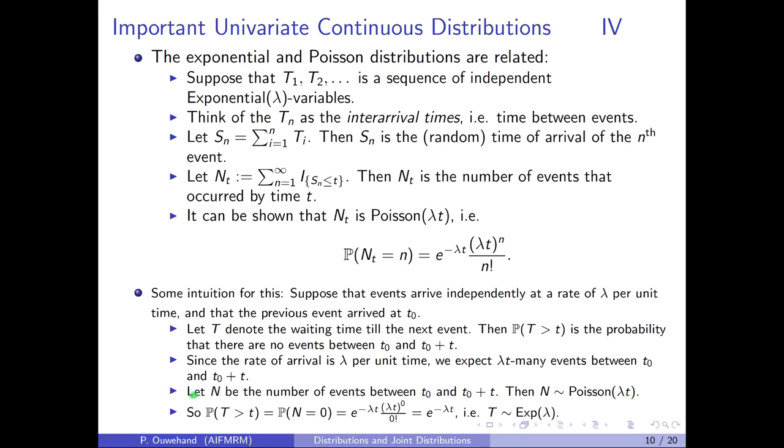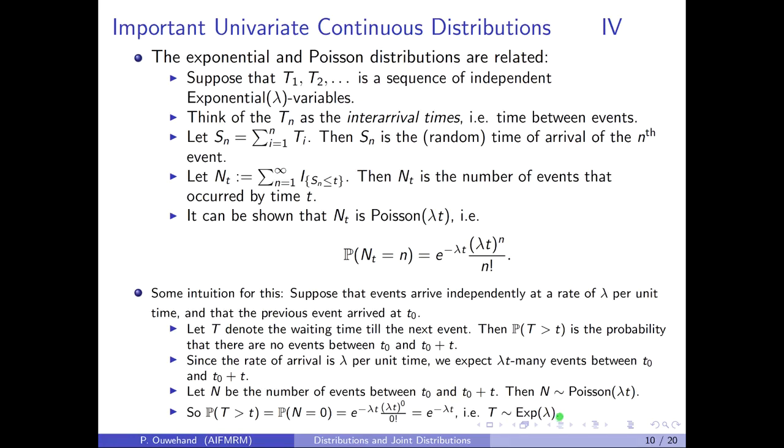Now the probability that capital T is strictly greater than t is the probability that the next event arrives after time t, in other words the probability that there are no events before time t. And because n is Poisson distributed, that is given by this expression over here, which is just e to the minus lambda t. In other words, the probability that capital T is strictly greater than t is equal to e to the minus lambda t, and this means that T has the exponential distribution with parameter lambda.